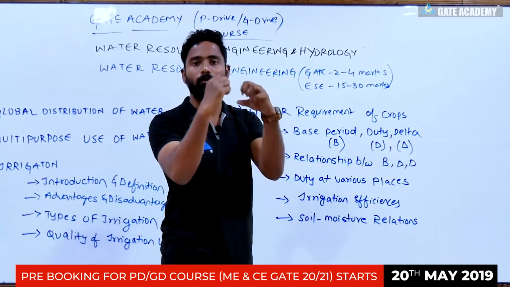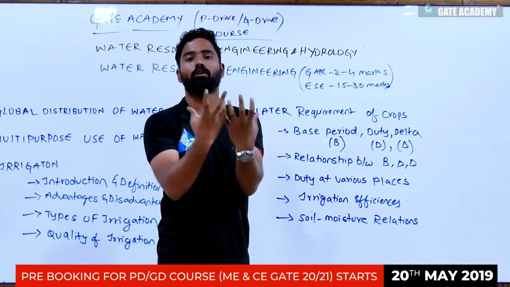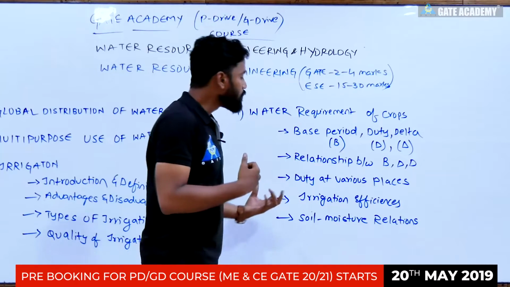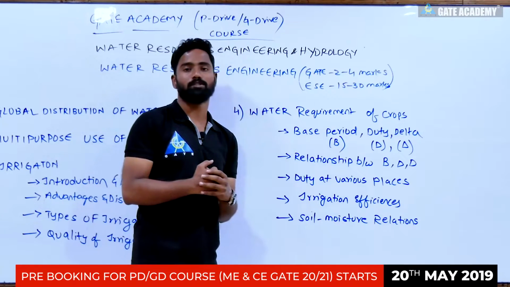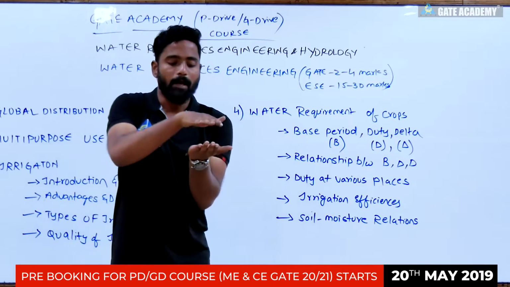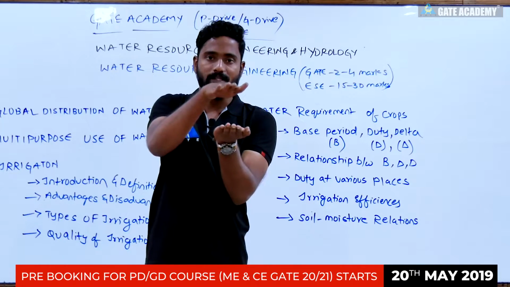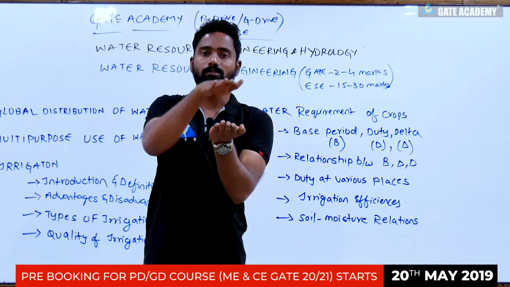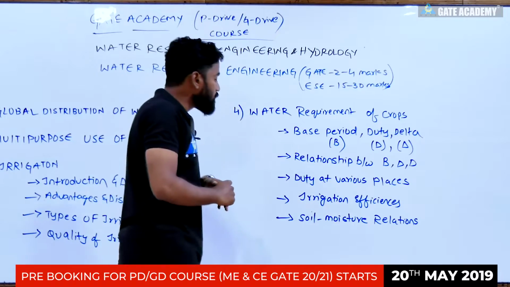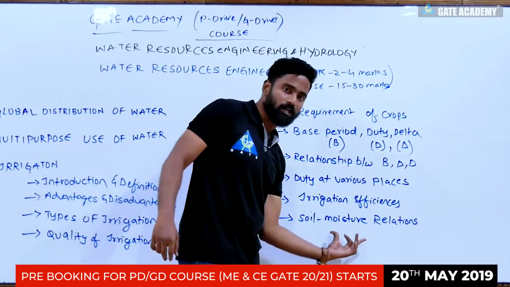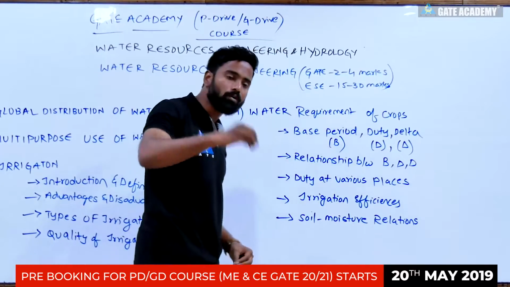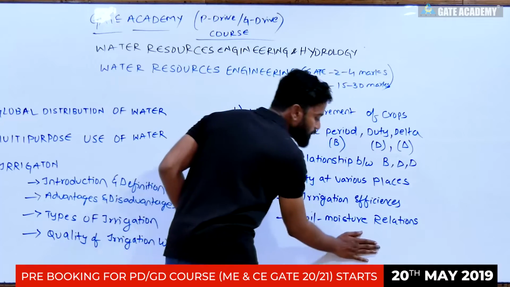Soil holds some amount of water for the growth of the plants, right? So that is called soil moisture relationships. That means how much depth of water is present in the soil is found out from soil moisture relationships.